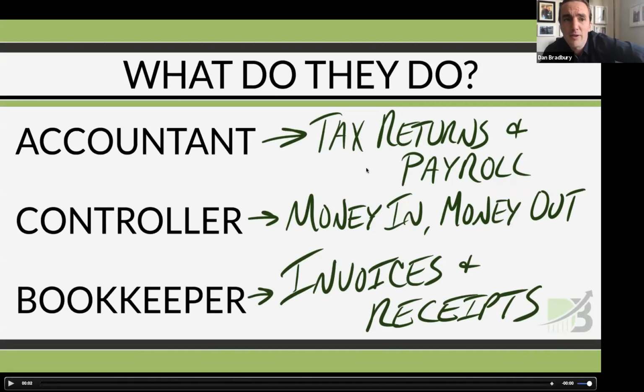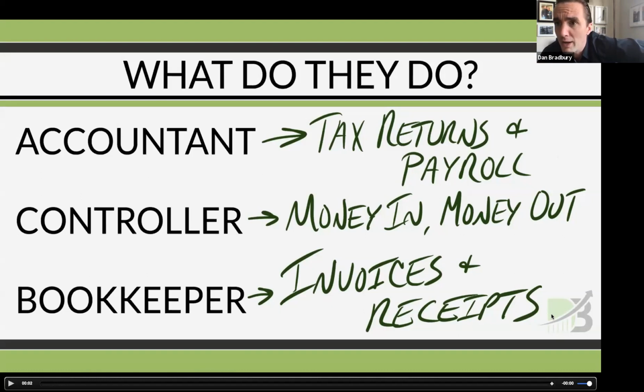So said differently, your accountant's responsible for tax, your financial controller is responsible for all cash, and your bookkeeper is responsible for recording everything. Here's the rub. Even though the accountants are the top of the pay hierarchy, generally speaking, they cannot do their job effectively unless the financial controller is doing their job effectively. And the financial controller can't do their job effectively unless the bookkeeper is doing things correctly.